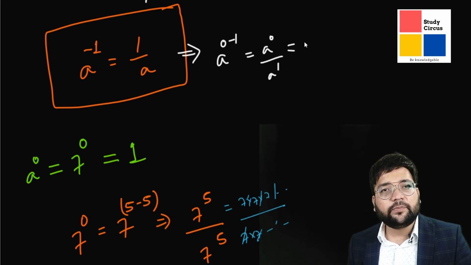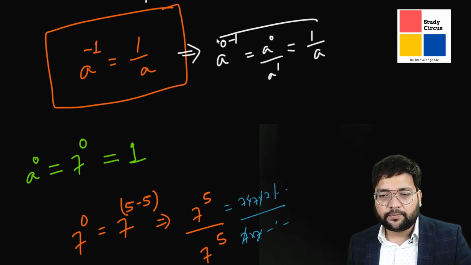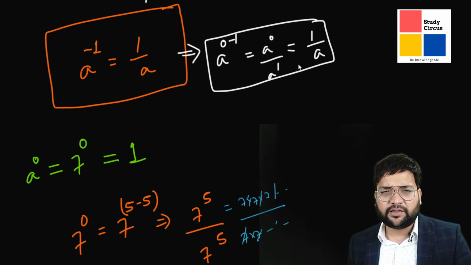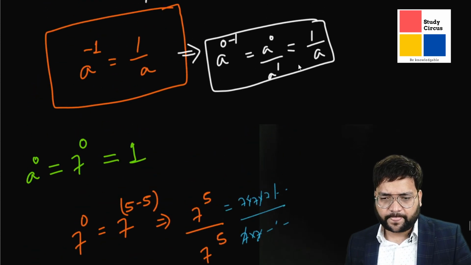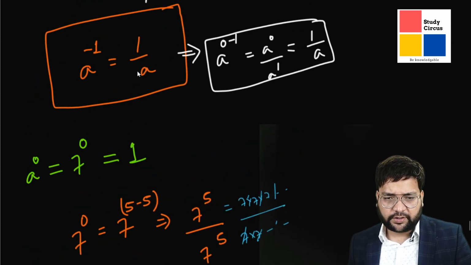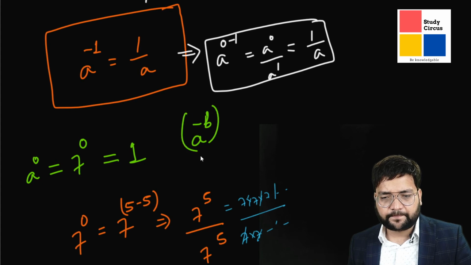Any number to the power 0 is 1, and a to the power 1 is a. So a to the power minus 1 is 1 by a, the reciprocal. So what about this thing? What if I say a to the power minus of some number b? This is what?